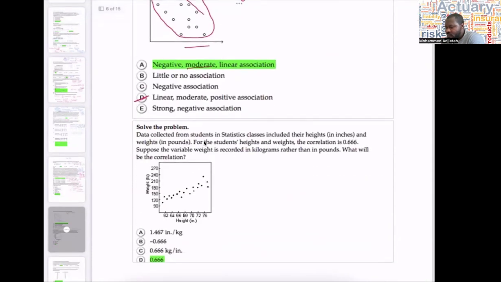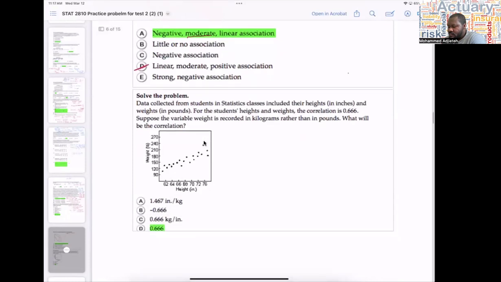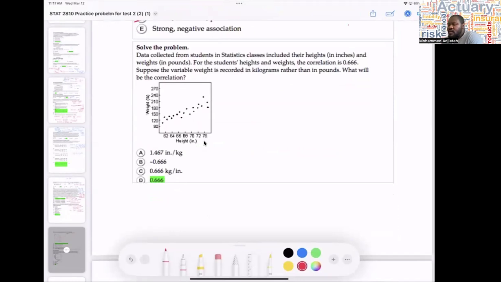Okay, we are here. Let me take it up a bit. So in this problem, we are told that students collected data from statistics classes, including their height and weight.